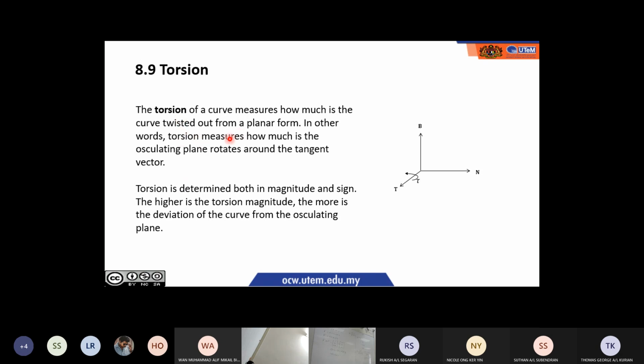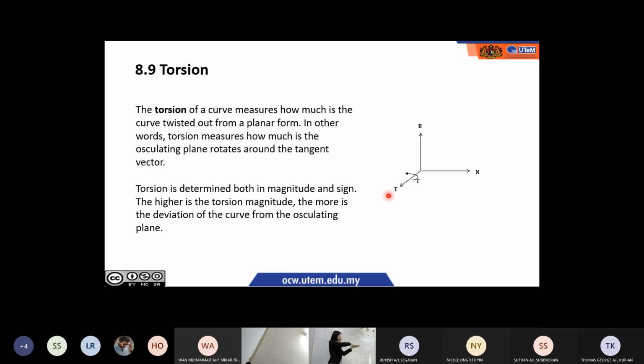So torsion measures how much the osculating plane rotates around the tangent vector. See, this is the tangent vector. If this plane rotates around this, this is called rotate.